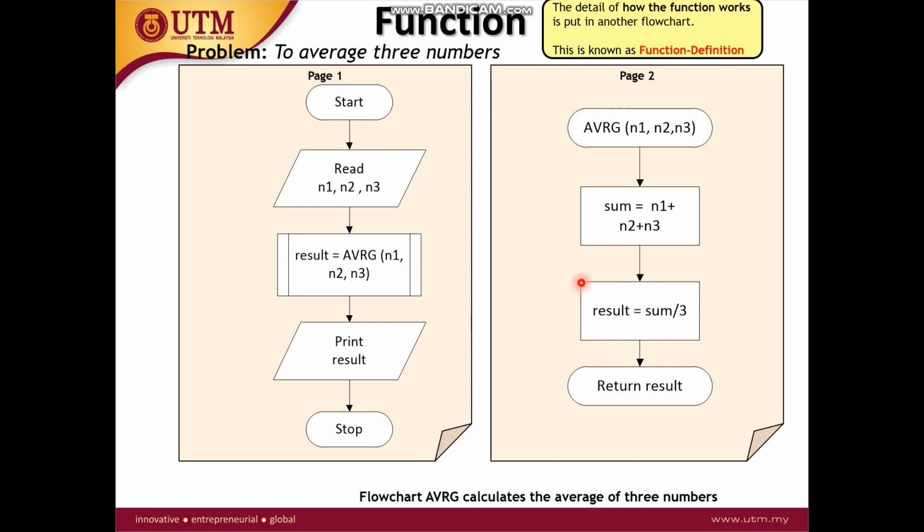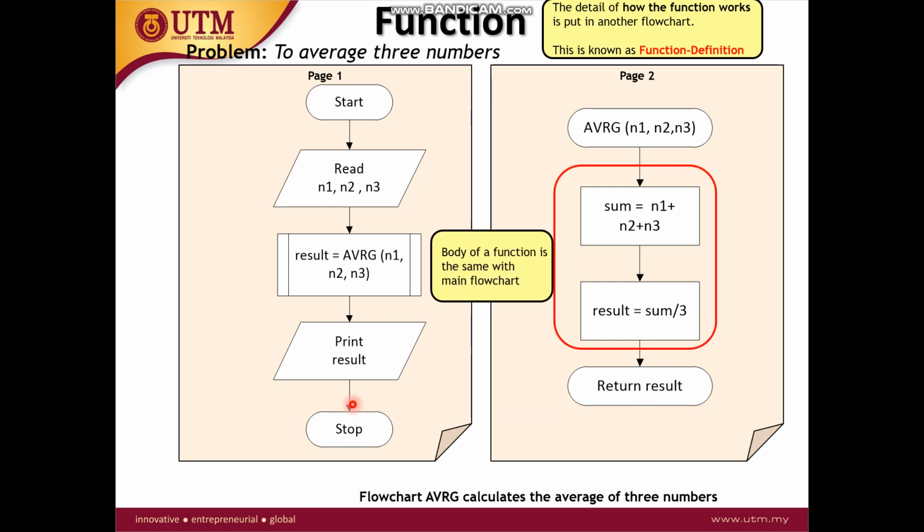So you now have the average, and you print the result calculated by this function, and you just call this function using this geometrical shape this way. You are going to learn those kinds of things when we go through elementary programming and writing code in our upcoming lectures. And then the flowchart stops.